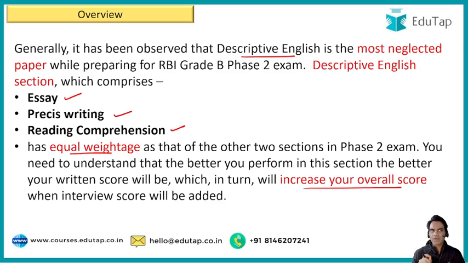So there is not a lot of lead that you can take in those papers. But descriptive English is that section where you can really take a 10 mark, 12 mark lead, and that lead will finalize your post, or you can say your job prospect, for your final selection. That is why I say descriptive English is the game changer for this exam.